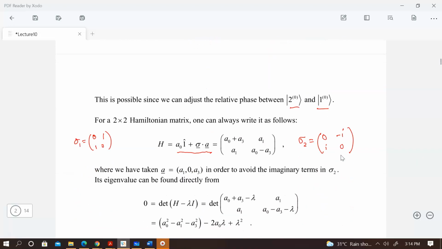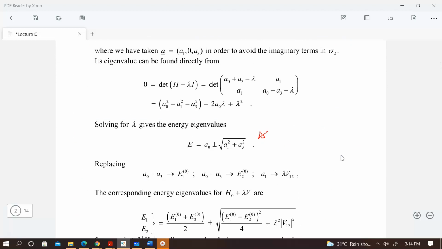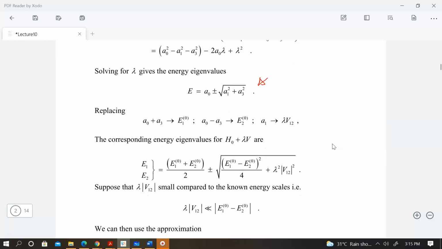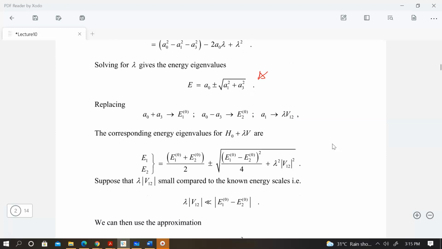You can identify, for example, that A naught plus A3 is just your E1 naught, and A naught minus A3 is your E2 naught, and lambda V12 is this A1. So the corresponding energy eigenvalues for the perturbed case are given by the solutions of the quadratic equation, and this is written in this way.